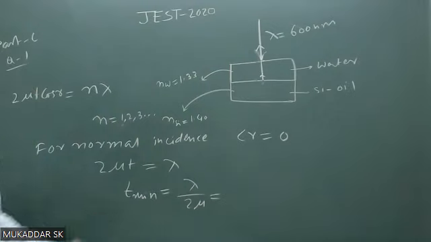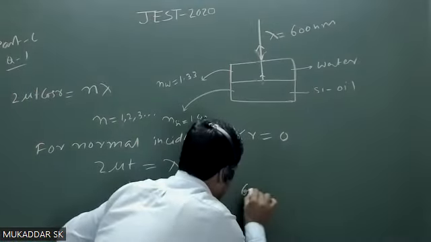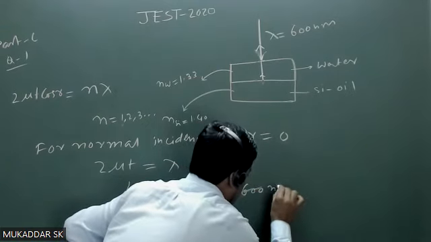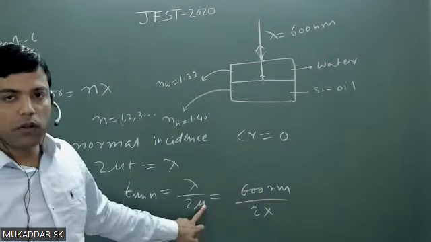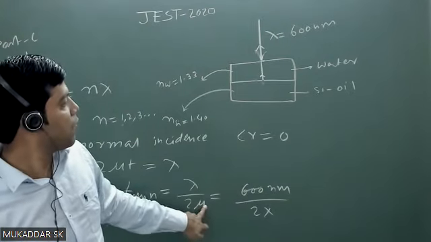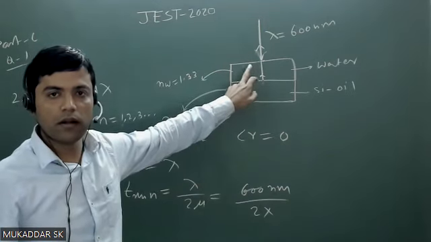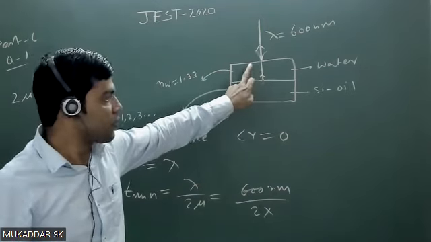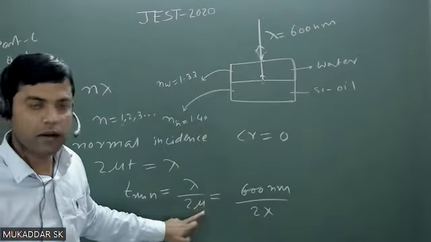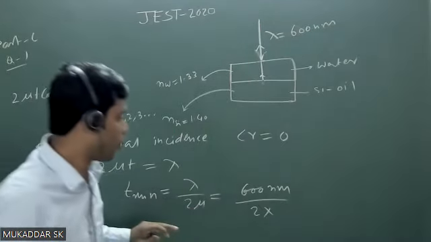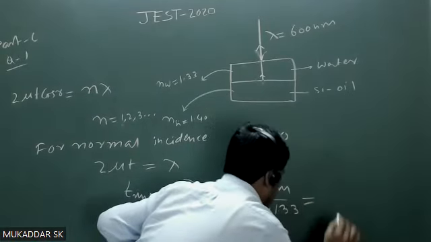This lambda is given as 600 nanometer, divided by twice mu. Now, what is mu? Mu is the refractive index of the thin film, because you are calculating constructive interference for the thin film here, so you take the refractive index of the water thin film, that is 1.33.